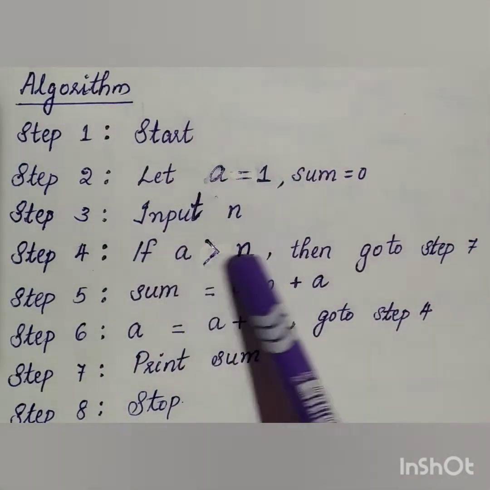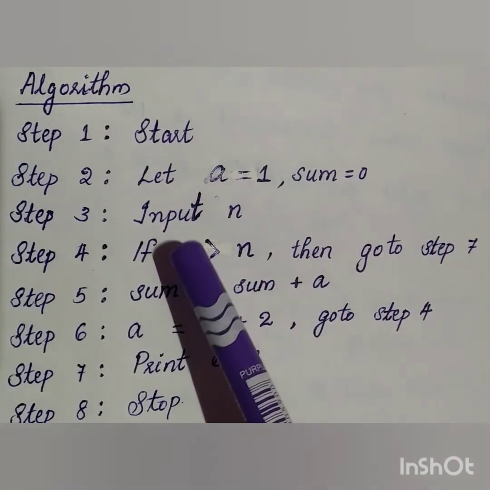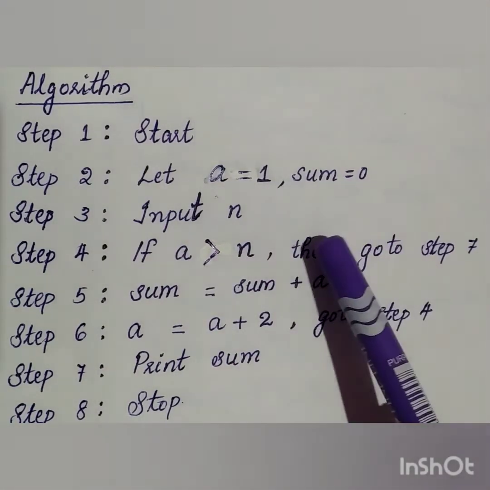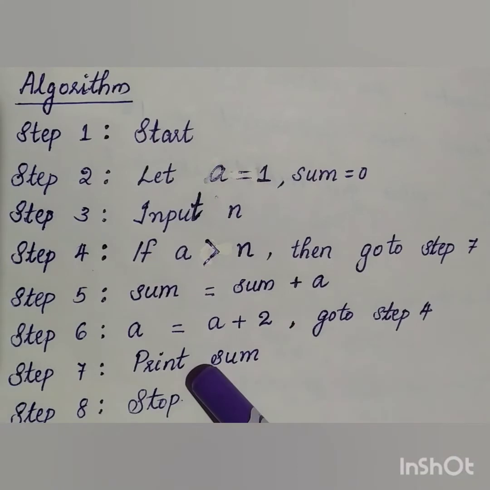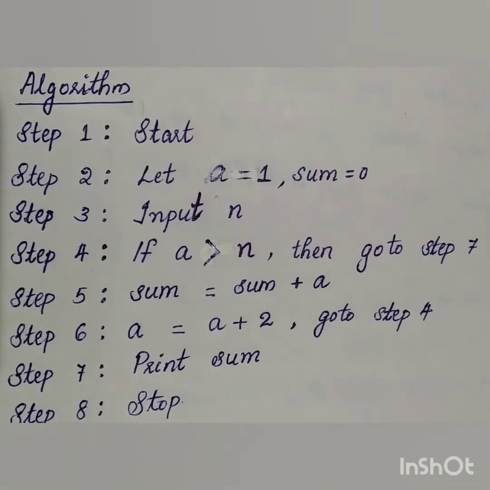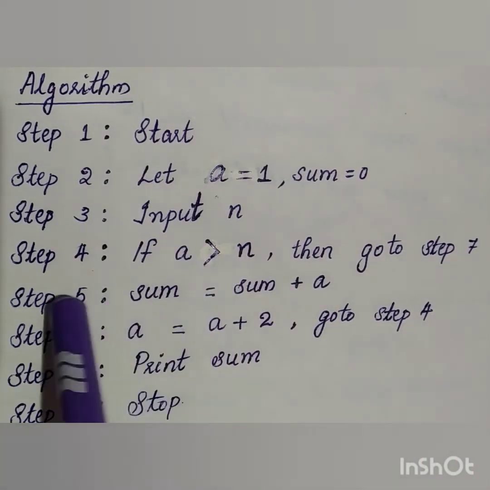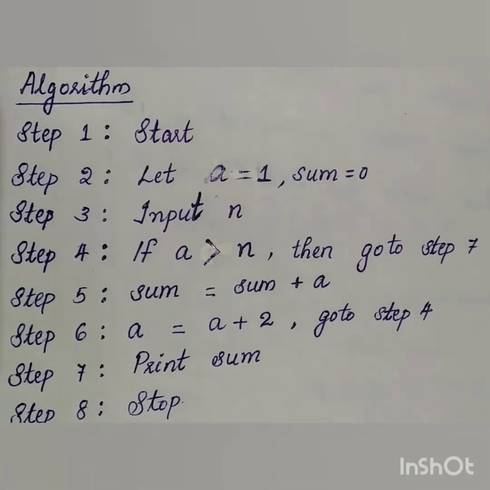When a becomes greater than n, then only the control goes to step 7, then to the stop instruction. So this condition controls the execution of statements from step 5 to 8.